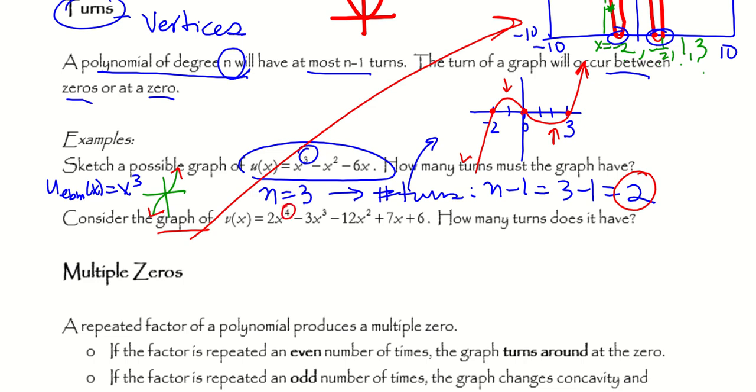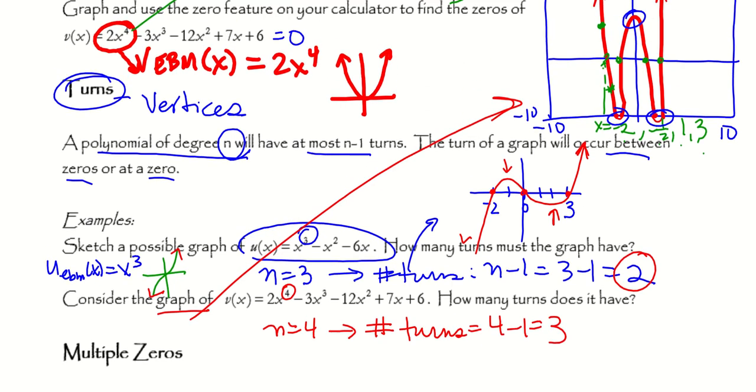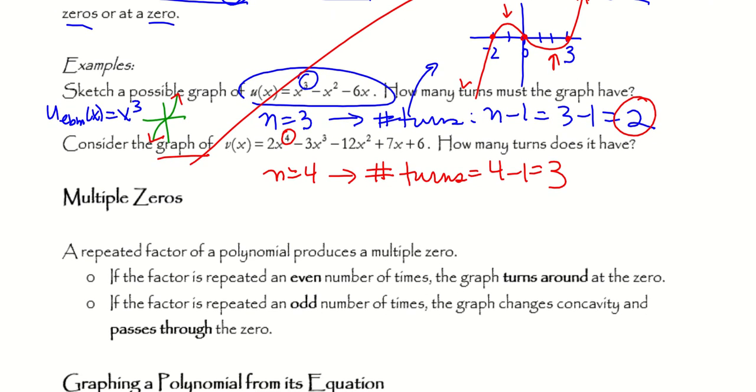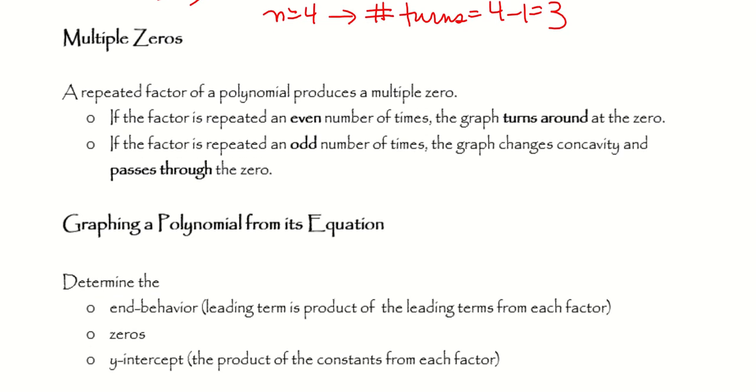Our leading exponent is 4, so the most number of turns we will have will be 4 minus 1, which equals 3. If we go back up and look at the graph that we saw, we had 1, 2, 3 turns. So that works.